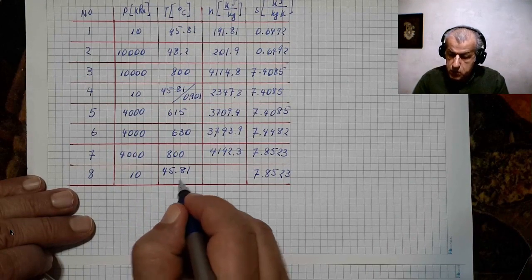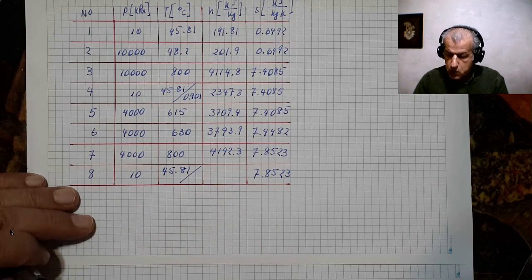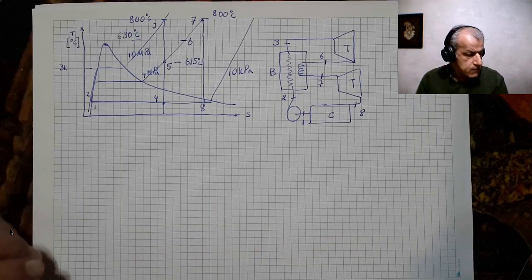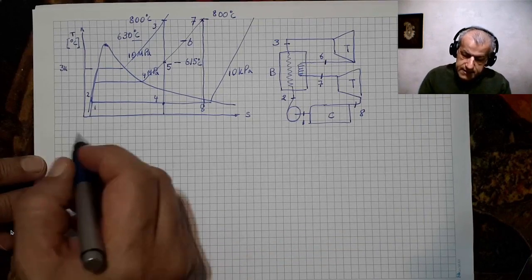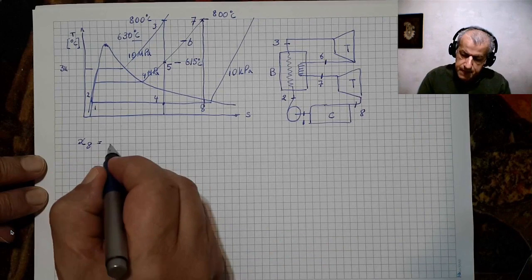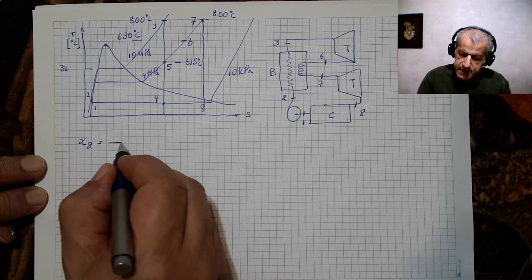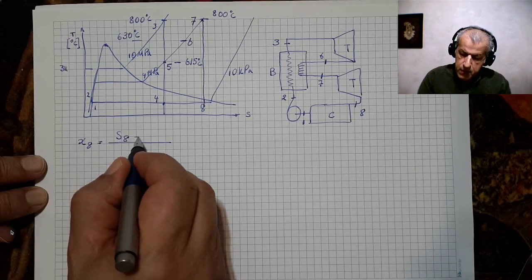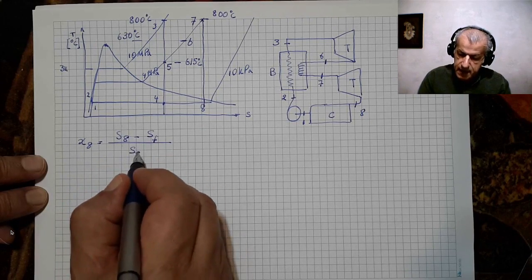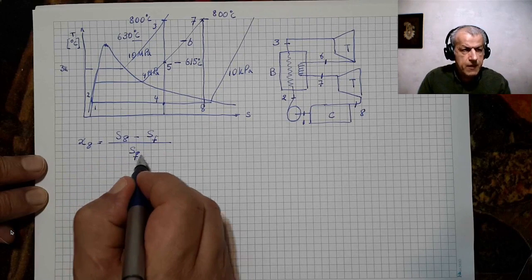The temperature is 45.81, but the quality we don't know, and the way to calculate it is very simple. We know that x8 equals (S8 minus SF) divided by SFG.